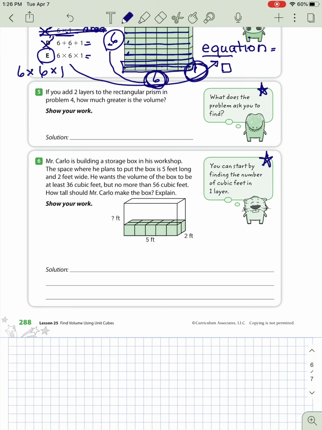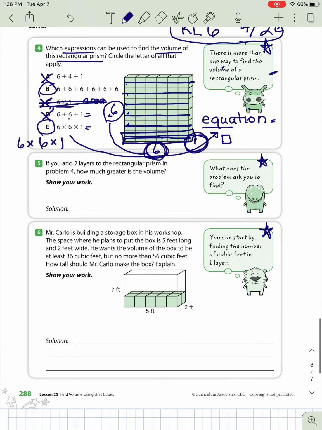Okay, next one. If you add 2 layers to this rectangular prism in problem 4, how much greater is the volume? All right. Well, first of all, I didn't even solve for the answer up here, but I can quickly go and do that. 6 times 6 times 1 equals, well, 36 cubic units.